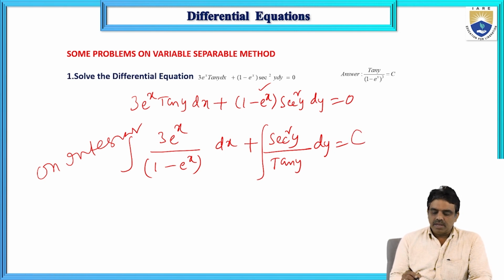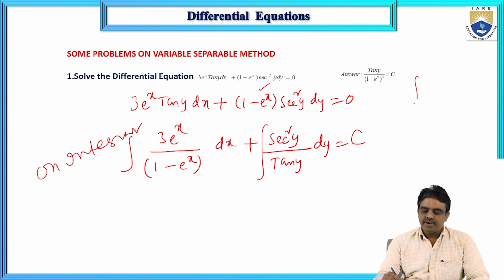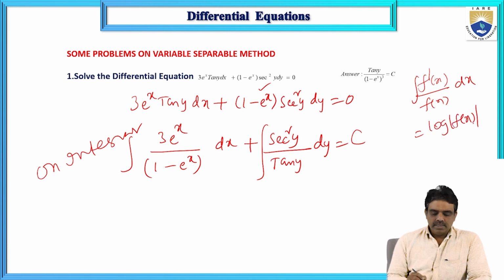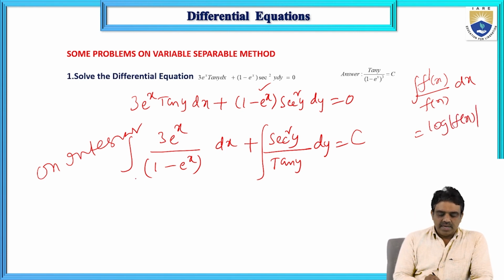So we know the formula integral f dash x by f of x dx. What is the formula? Log modulus f of x plus c. So here 1 minus e power x, 3 constant, I can write outside. It is integral e power x by 1 minus e power x dx. So on differentiating the denominator, here f of x is 1 minus e power x.